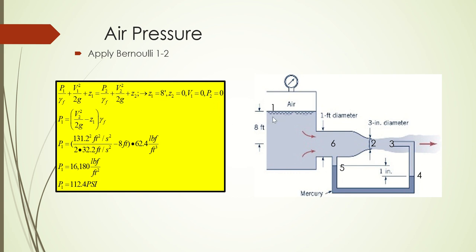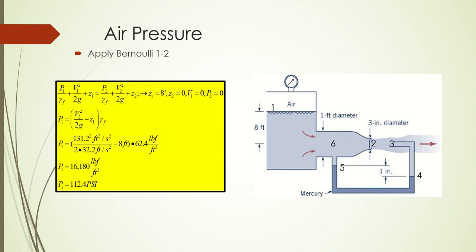I also know that my velocity at 1 is 0 because it's a large diameter tank. The problem said it's a large diameter tank. Well, we know that it's not exactly 0 because we have water leaving the tank, but the velocity of the surface 1 is small relative to the exit velocity at point 2.